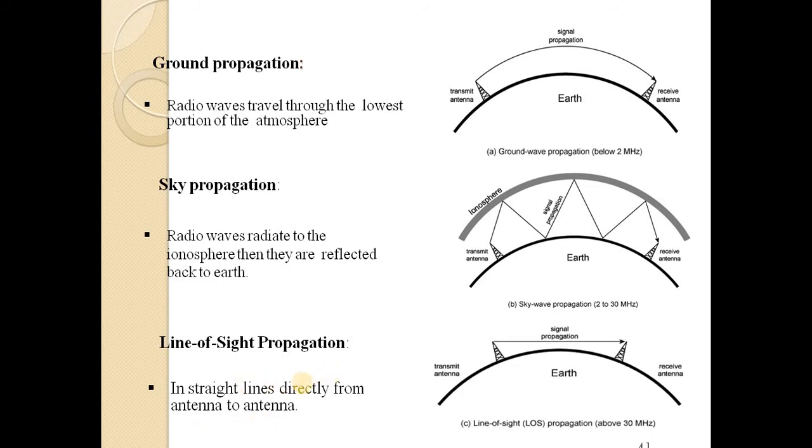This method is used for transmission of waves in the very high frequency band and the ultra high frequency band, microwaves. An example of this communication is that TV signals can only be propagated through space wave communication. These are ground wave propagation, sky wave propagation, and line of sight propagation.